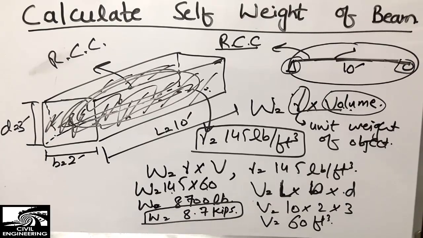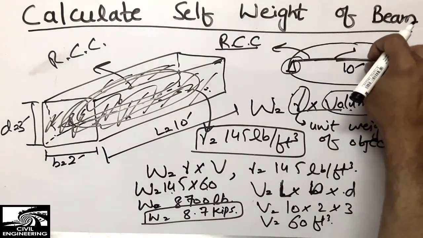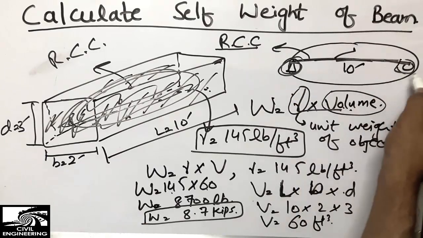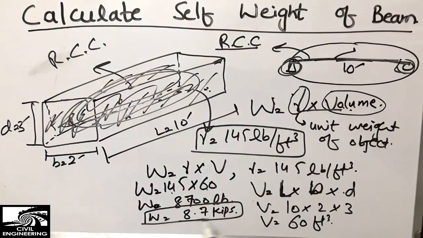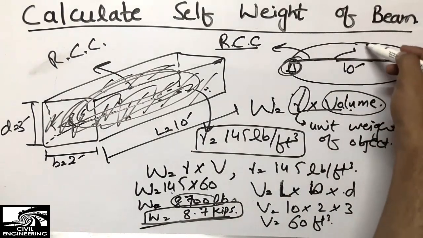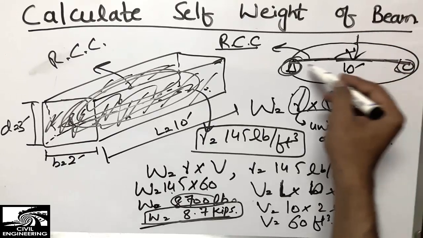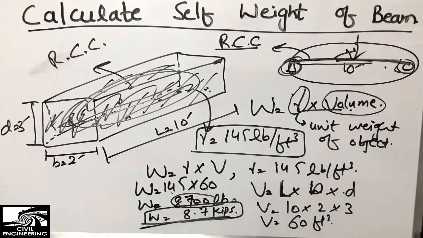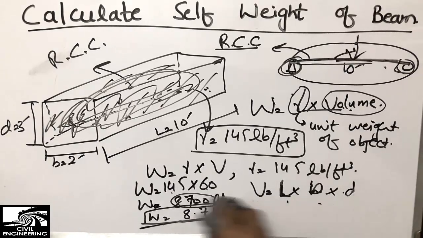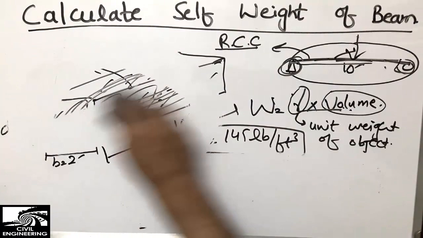So the self weight of the beam on these two supports is 8.7 kips, and 8700 pound will be acting as the weight of the beam at the center of this beam. This is the dead weight, or the self weight of the beam, and this is the method of how to calculate the self weight of the beam.